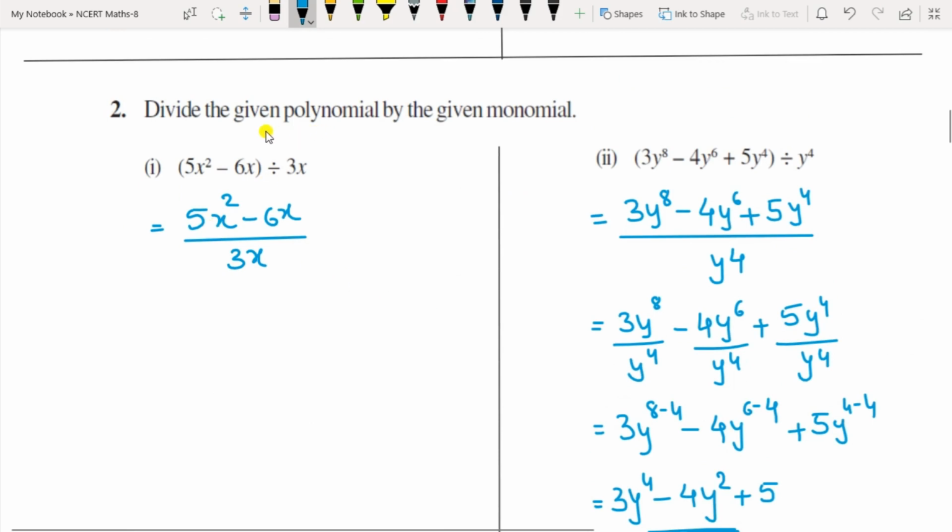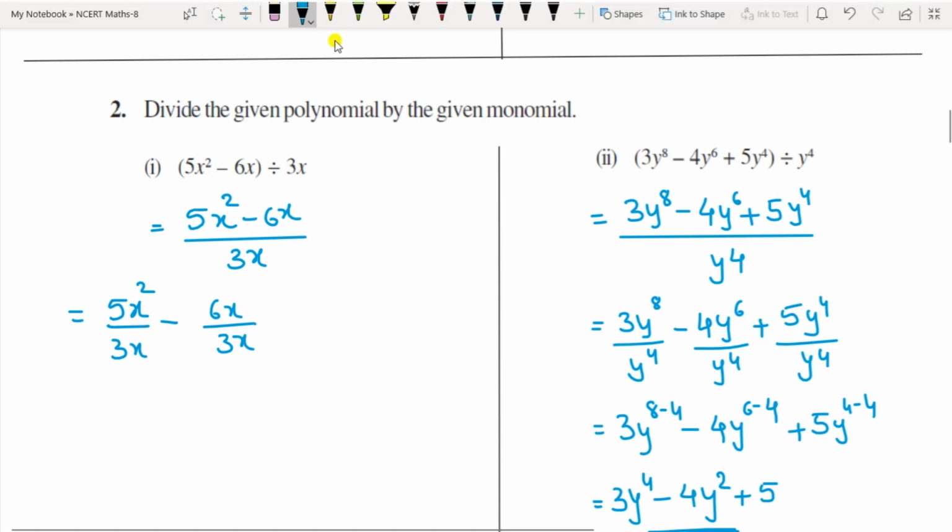Question second, division of a polynomial by a monomial. Now if a polynomial is to be divided by a monomial, first write like this, then write the monomial below each of the terms of the polynomial. So separate it like this, upon 3x minus 6x upon 3x.